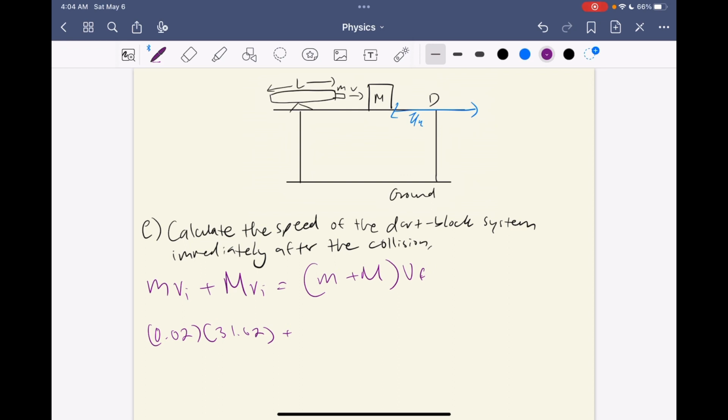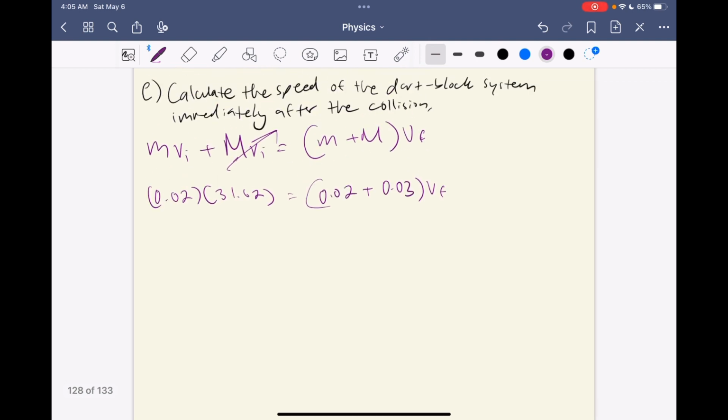However, we know that the velocity of the block is 0 because it's not even moving at all, right? So we can just cross that out for convenience. Now we can finish the other side. The mass of the dart is 0.02 kilograms plus the mass of the block, which is 0.03, and then final velocity.